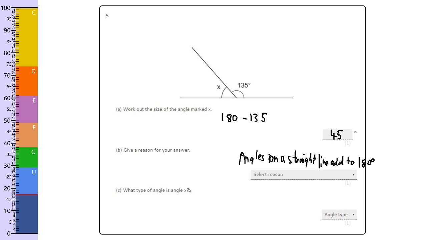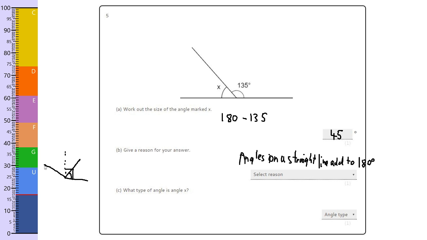Okay, so what type of angle is angle X? So, with types of angle, there are 4 types. Acute, which are less than 90 degrees. There is a right angle, which is equal to 90 degrees.